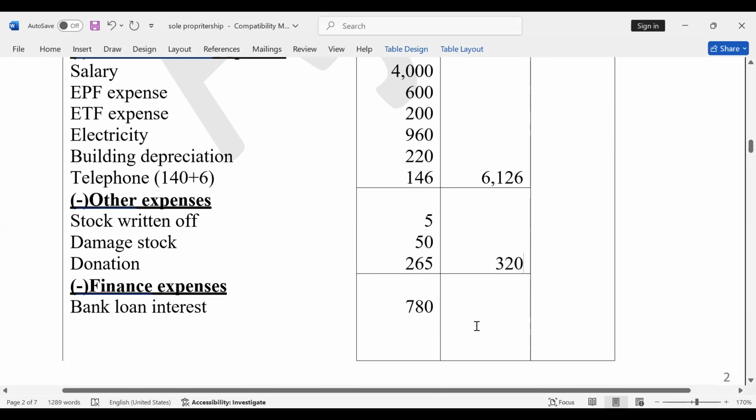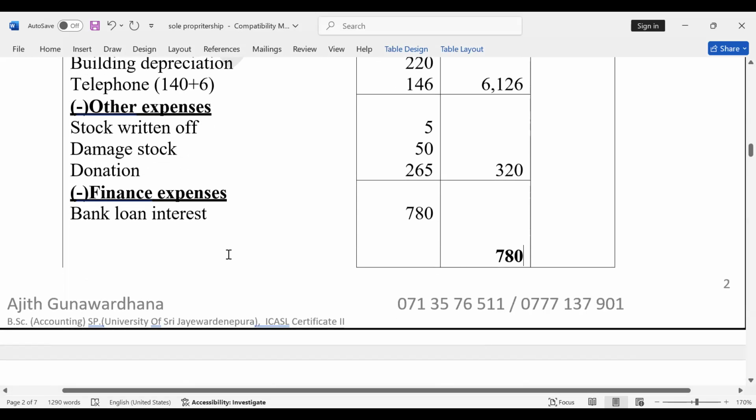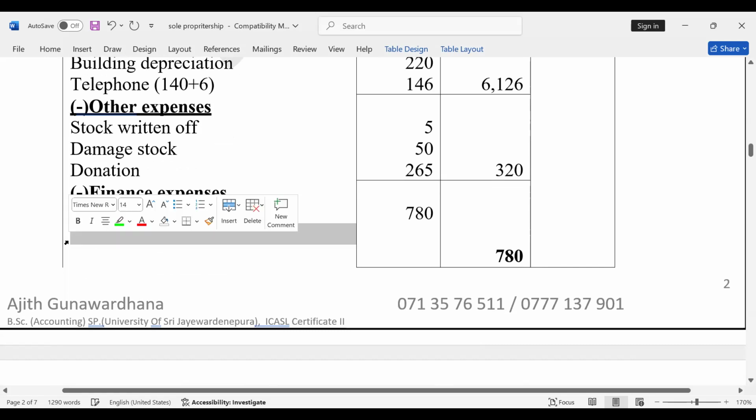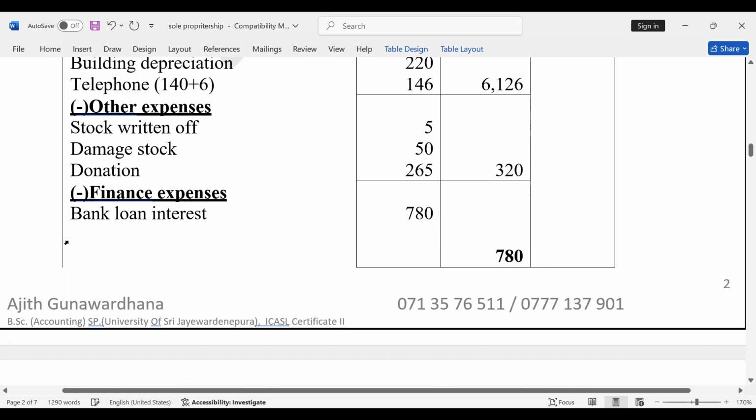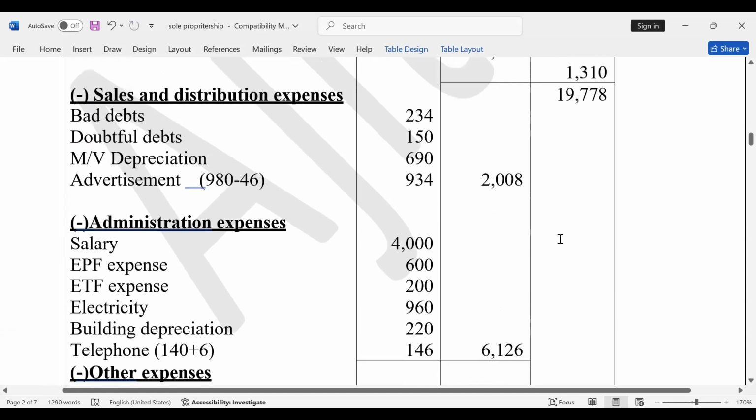And the finance expense also. Finance expense total value equal 780. Then total expense will be recorded last column. Administration, distribution, other.